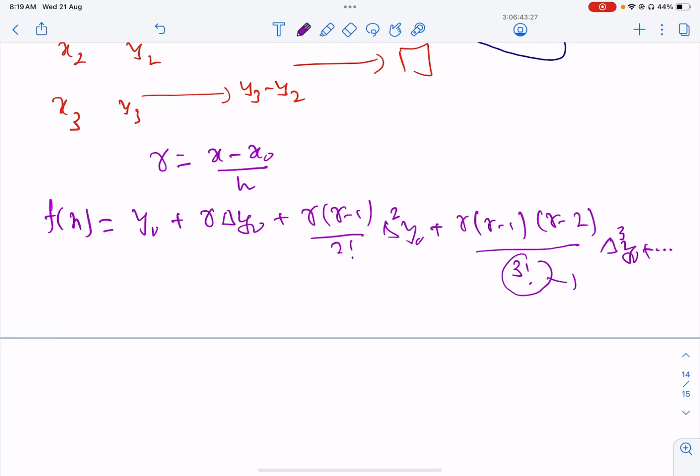Here this value is delta y0, this is del square y0, this is del cube y0. 3 factorial means 6. So that is the way you can find the value.